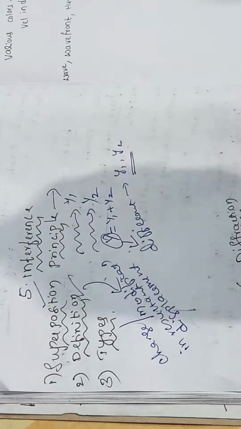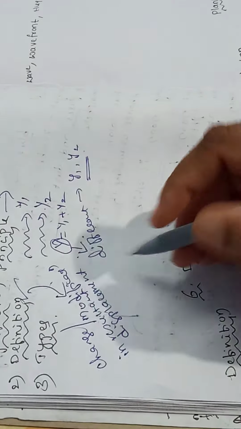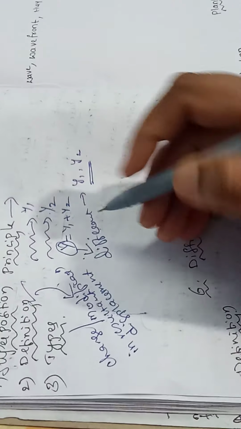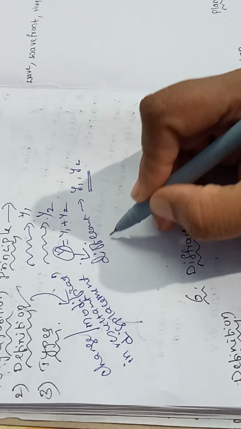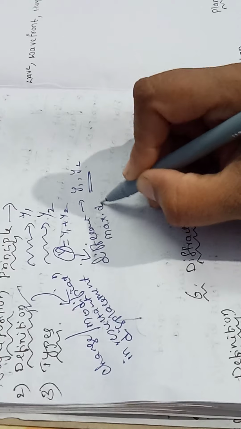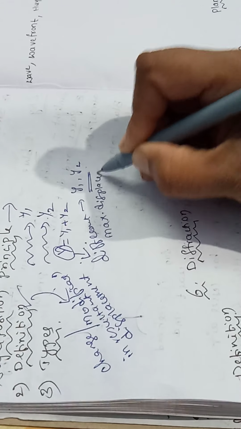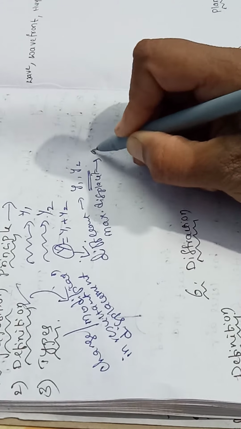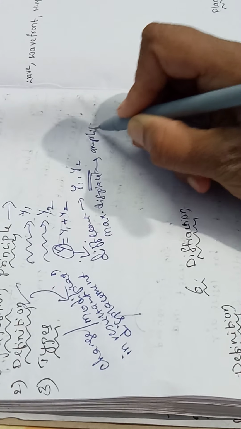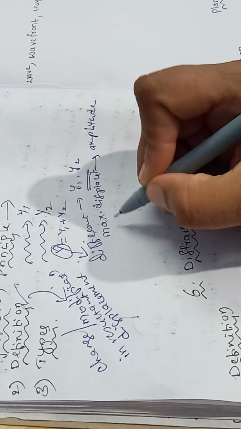Maximum displacement is what we call amplitude, so we can also say the modification in amplitude.